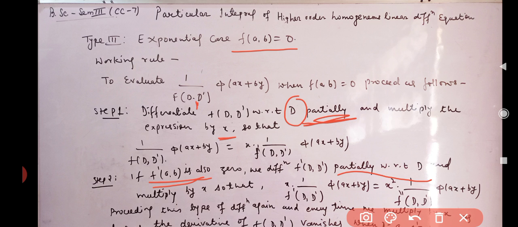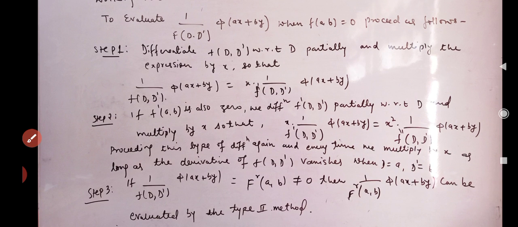So x into 1/f'(D,D') phi(ax+by) will become x² into 1/f''(D,D') phi(ax+by). Proceeding in this way, we differentiate again and again, and every time we multiply by x, as long as the derivative of f vanishes when D equals a and D' equals b.